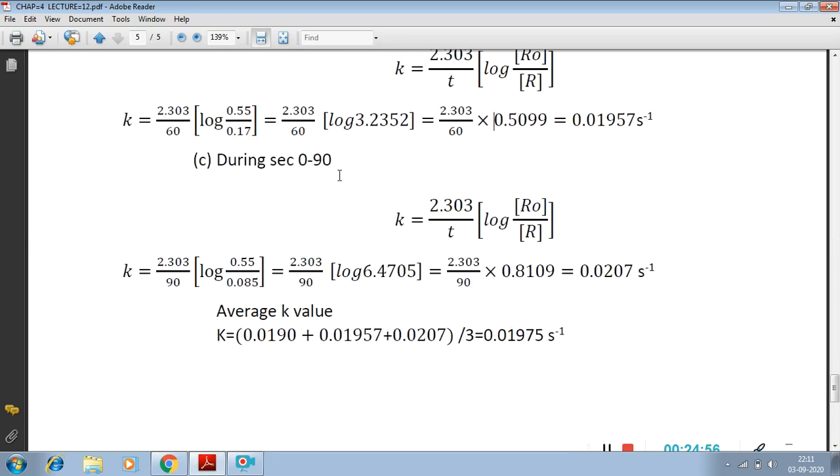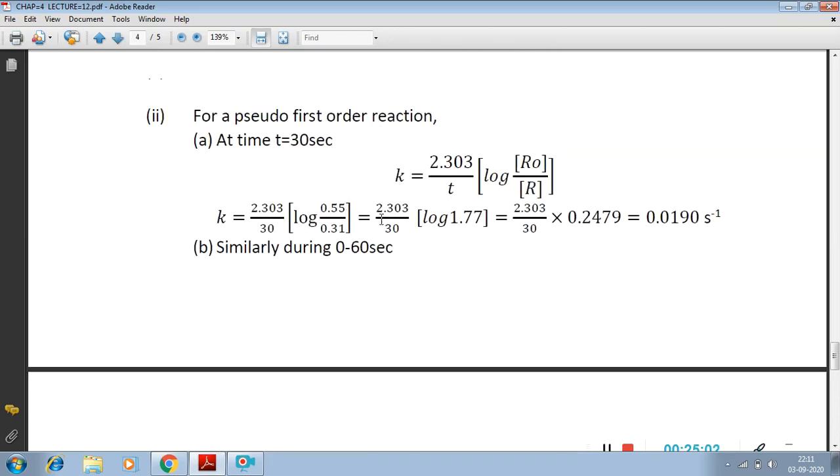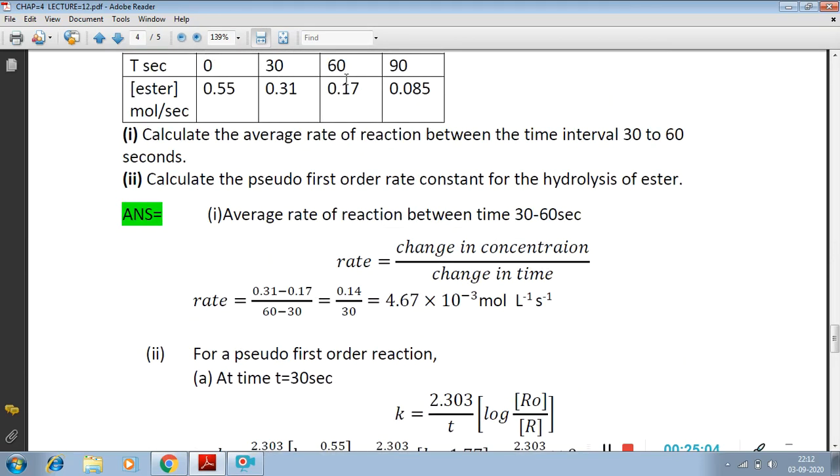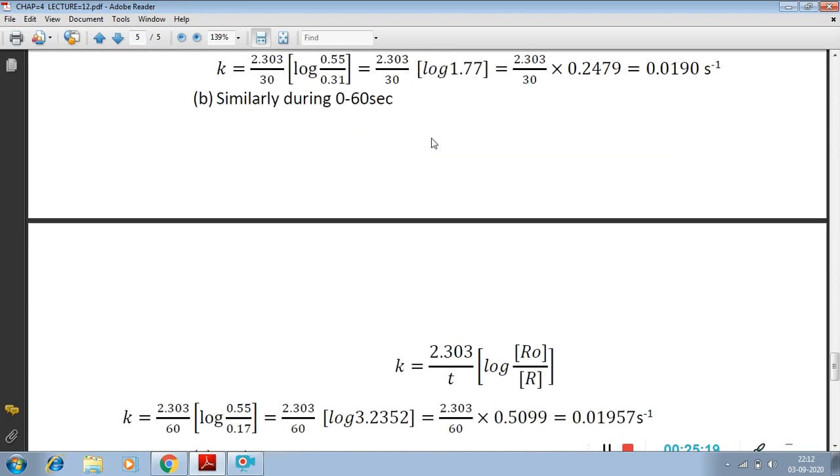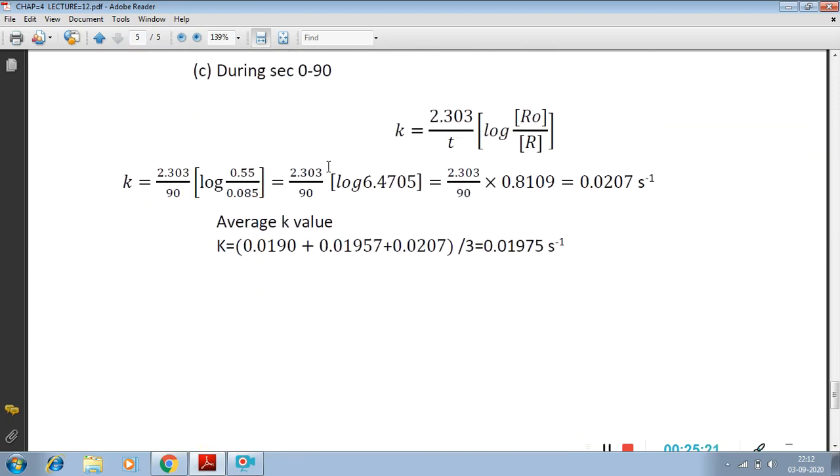Now similarly for the time interval 0 to 90 seconds, you can see here at 90 seconds the concentration is reduced to 0.085. The initial concentration remains as such 0.55, and the time interval 0 to 90 means 90 seconds here. So that value we are going to put here.